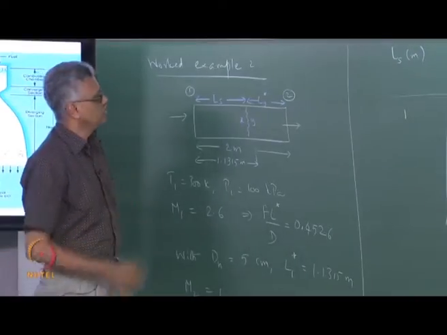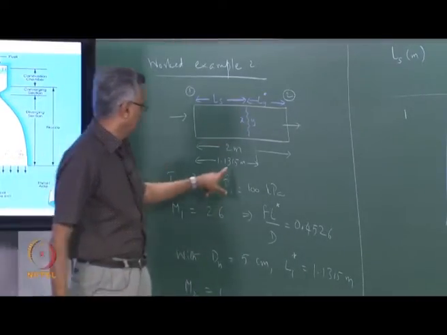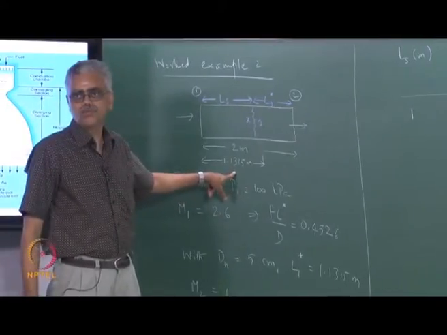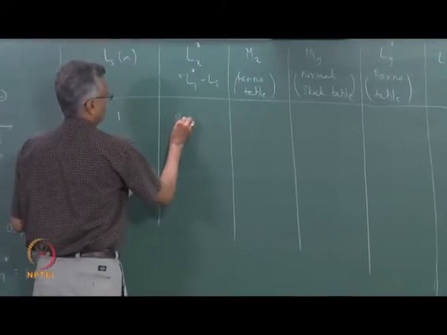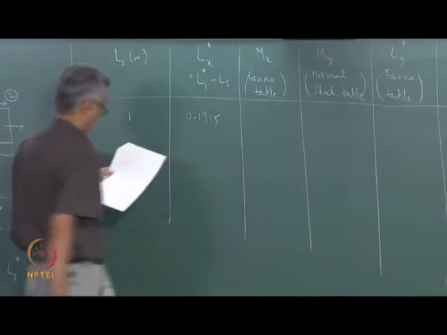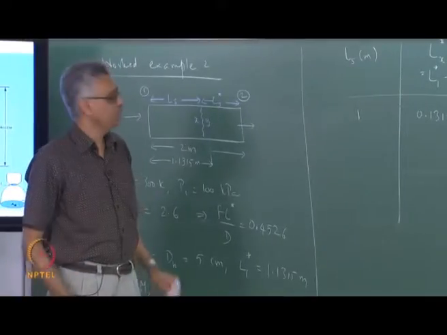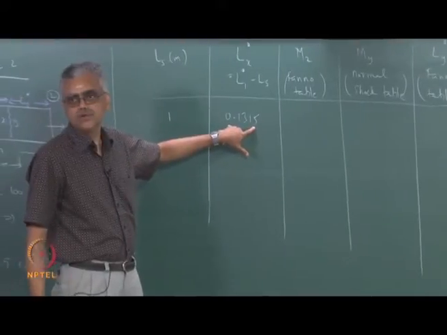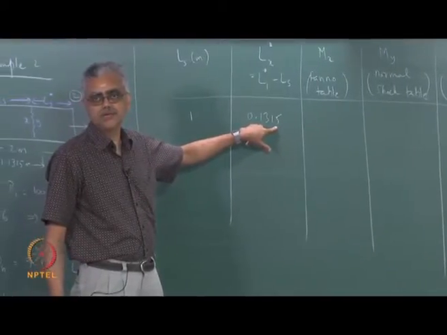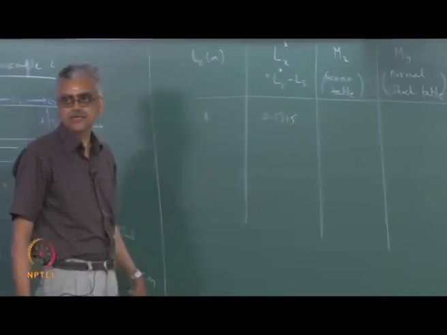This then gives me Lx star to be L1 star minus Ls. L1 star is 1.1315, so L1 star minus Ls is going to be 0.1315. Now I go to the Fanno table corresponding to this value of f L star over D_H, where we use the hydraulic diameter of the duct.